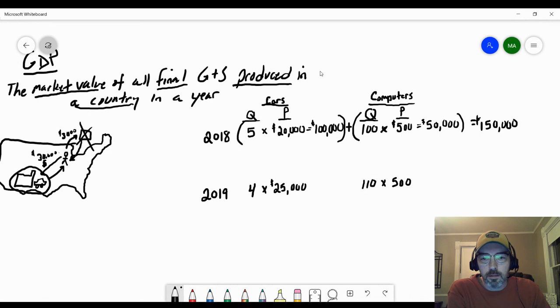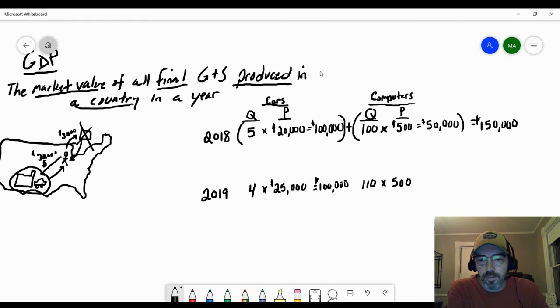So what's our market value of cars this year? $25,000 times 4 cars. That equals $100,000 worth of cars. And what's our market value of computers? 110 times 500.